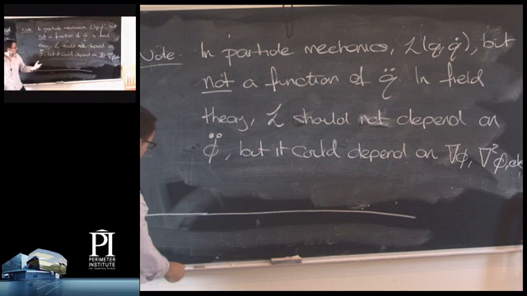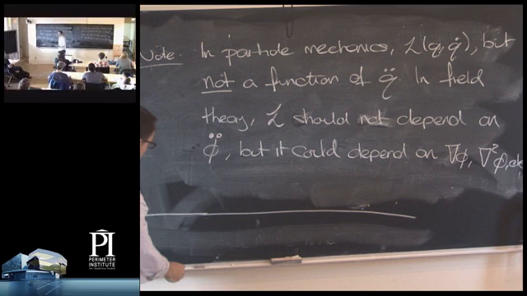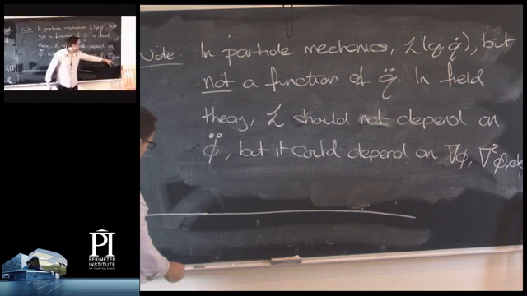But there's no reason, in principle, why it can't depend on second derivatives of spatial derivatives of phi. And there are various cases that you'll come across where the Lagrangians will depend on spatial derivatives of phi. Certainly in condensed matter, where there's no reason that space and time have to be on the same footing. There's no Lorentz invariance. It's not unusual at all to find Lagrangians with these kinds of terms.